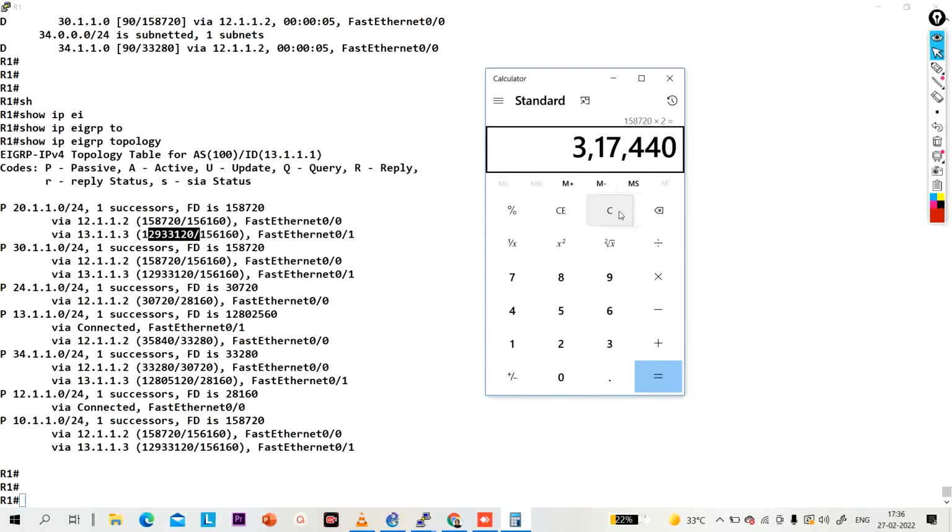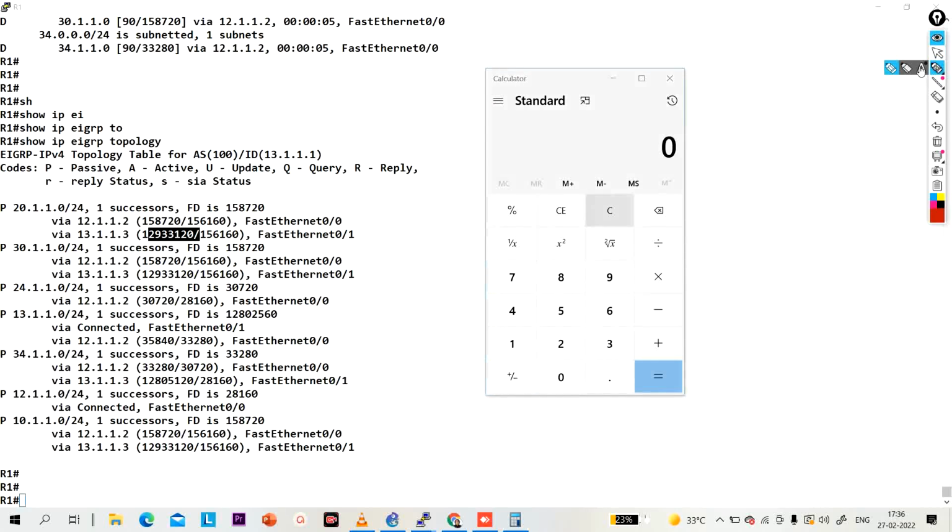So we have to calculate the variance value. What variance value should we put so that this value becomes equal or lesser than the value I get by multiplying my metric of the best path with variance, right? To calculate that value, you need to divide this value by this value, right?